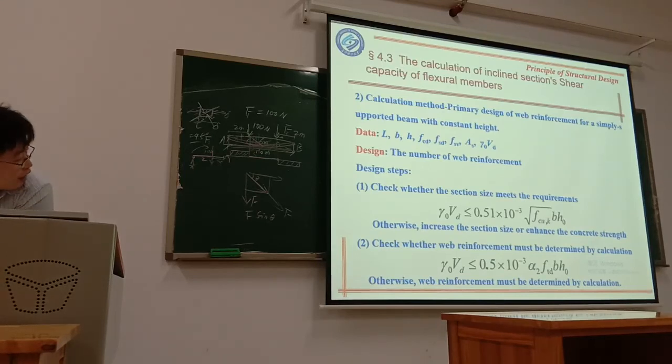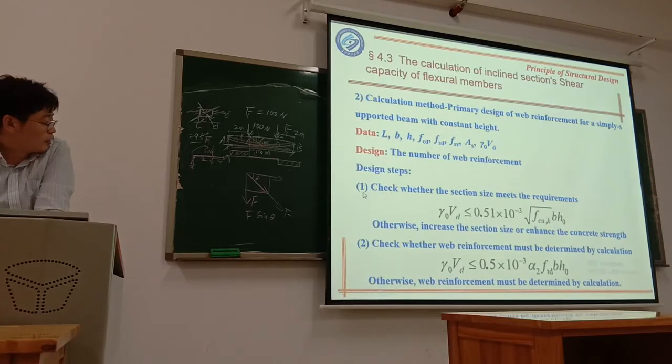So the data L, B, H, FCD, FSD, FV, FSV, AS, W0, VD, all this, if we know it, then we need to design the web reinforcement. So for this question, these conditions are given, and this is the unknown, we need to calculate the web reinforcement.